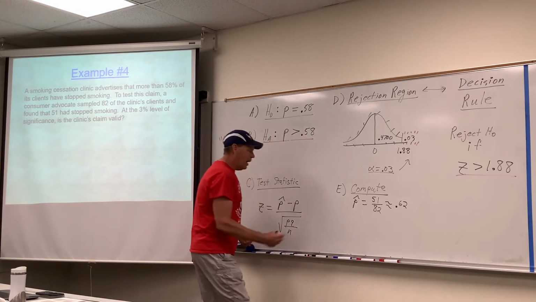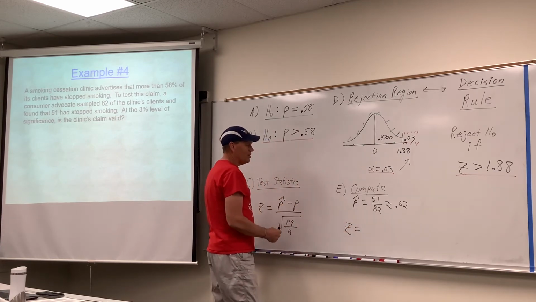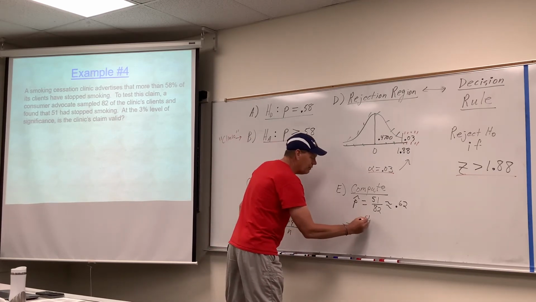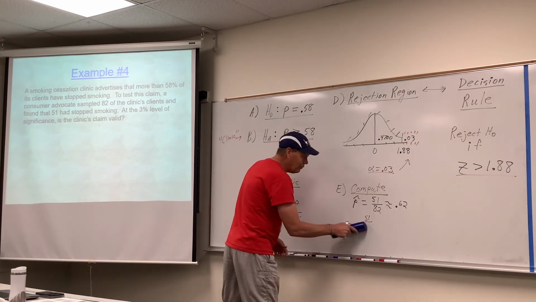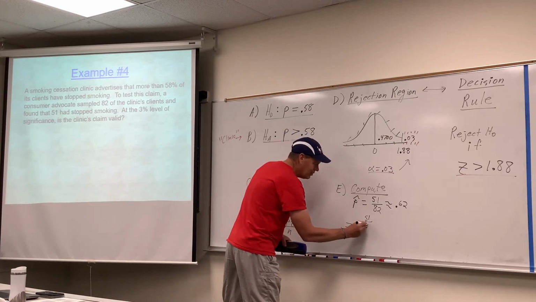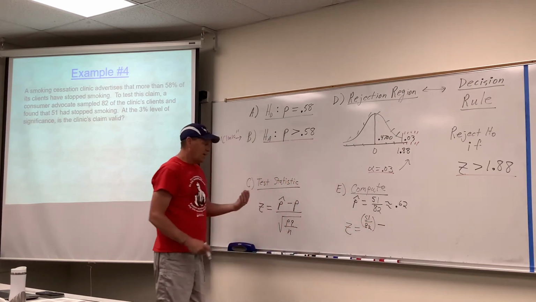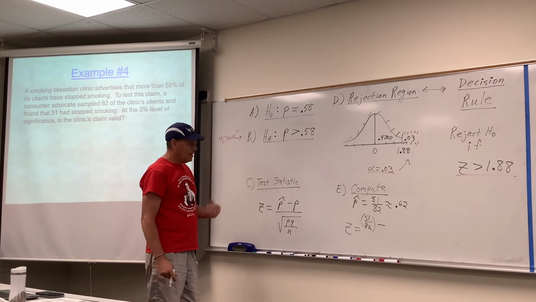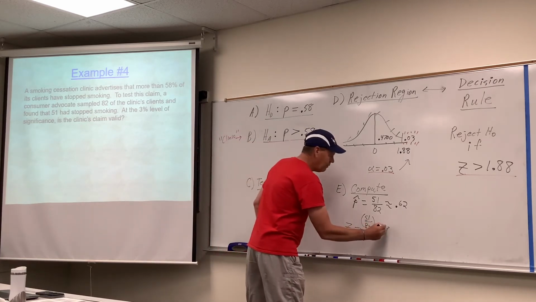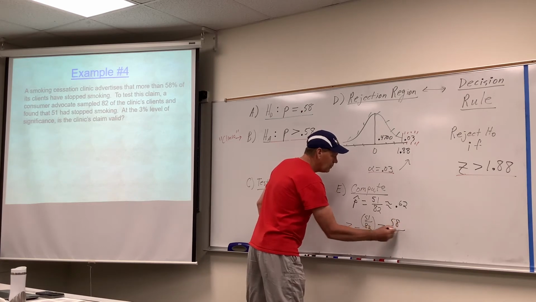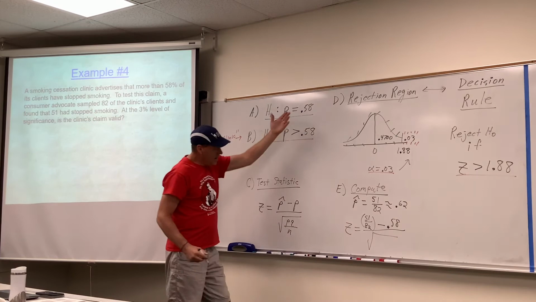So, now, when putting this in, you don't want to just put 0.62. I would suggest you leave it as 51 over 82 in your calculator and be creative with storing numbers, and there's all kinds of conversations we could have. But for the sake of accuracy, I'm going to put that as 51 over 82 for p hat minus the 0.58. And then, you know, this is PQ, 58.